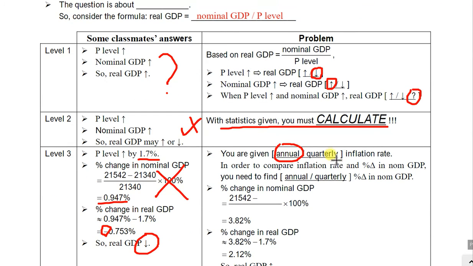If you want to compare the percentage changes in the price level and also the nominal GDP, you need the annual percentage change in nominal GDP as well. Otherwise, you can't compare. I can't compare this annual inflation rate with a quarterly percentage change in nominal GDP, right?